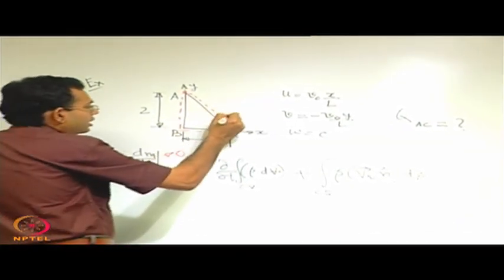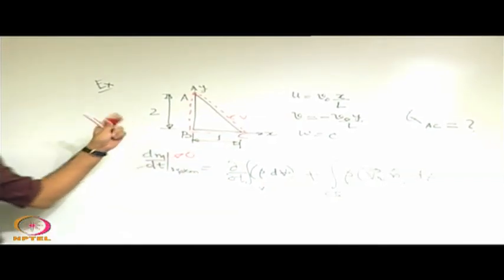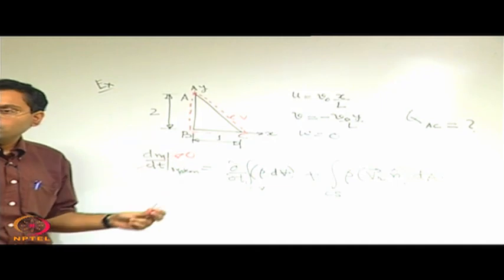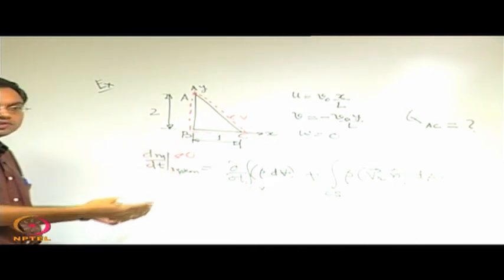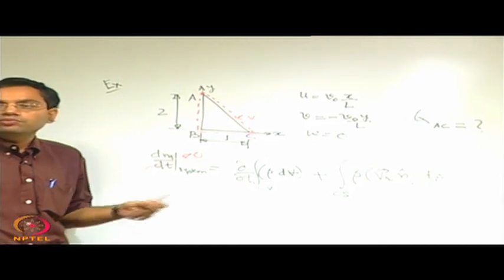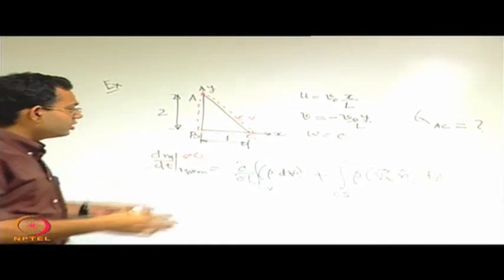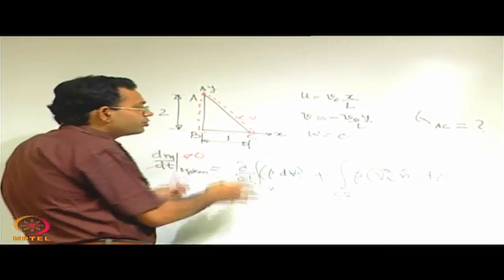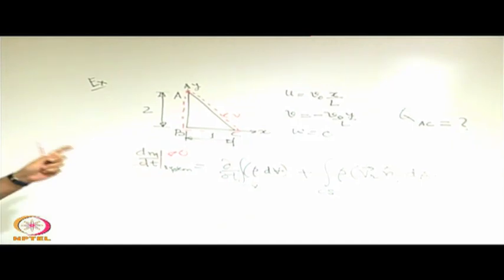So, whenever we are making a control volume analysis, it is important to identify what is the control volume that we are taking, because you may take different control volumes. Of course, for this problem this is an obvious choice of the control volume, but there could be problems where there could be many different choices of the control volume. So, the equations that you are writing should be pertinent to a particular control volume that you have chosen, and that should be clearly mentioned.